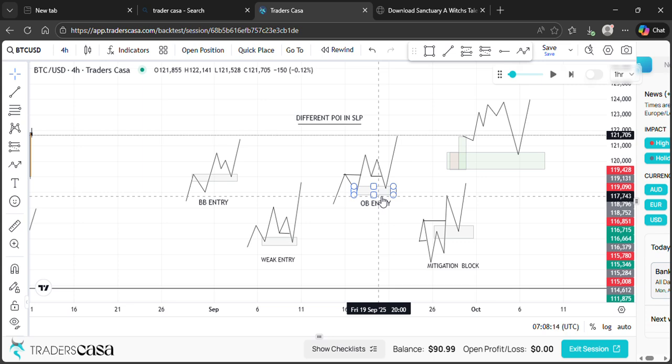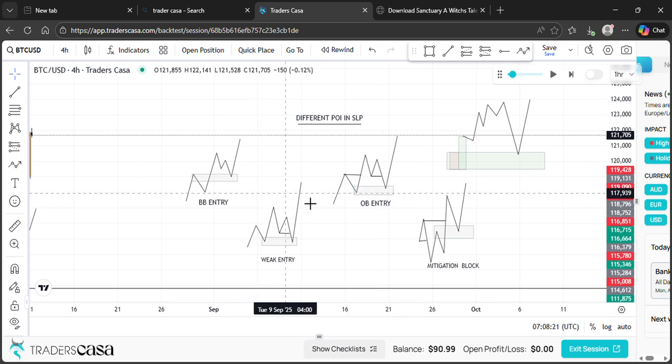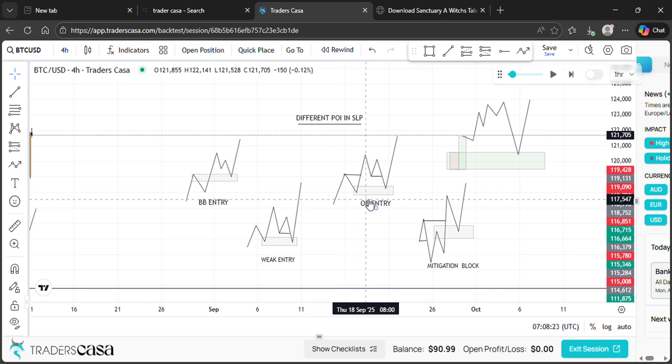And for you to know what a breaker block is, you have to be very familiar with an order block. So before I explain the breaker block, I'll explain the order block. What's an order block? It is the last bullish or bearish candle before a strong impulsive move.